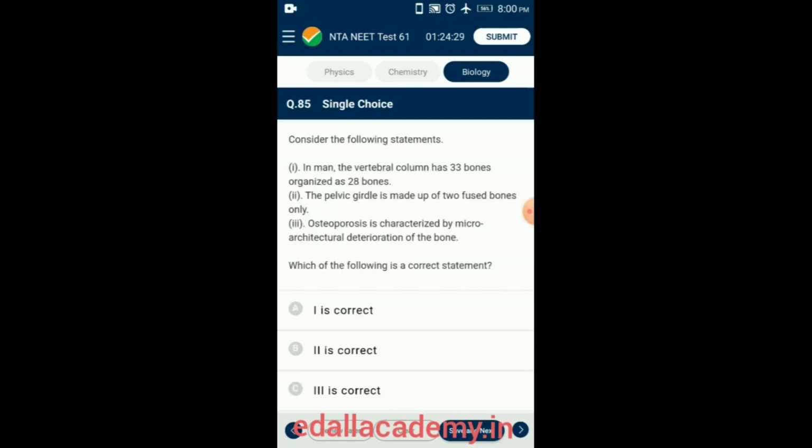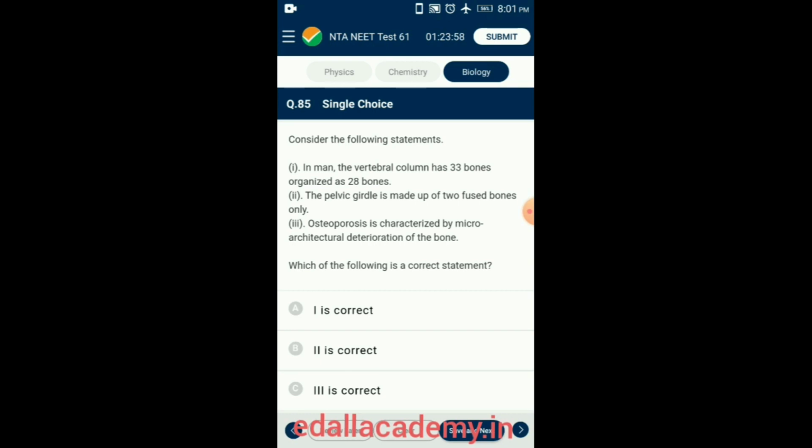Question number 85. Consider the following statements. Here three statements are given. From the three statements, find out the correct statements. Osteoporosis is a disease in which bones lose minerals and fibers from their matrix.